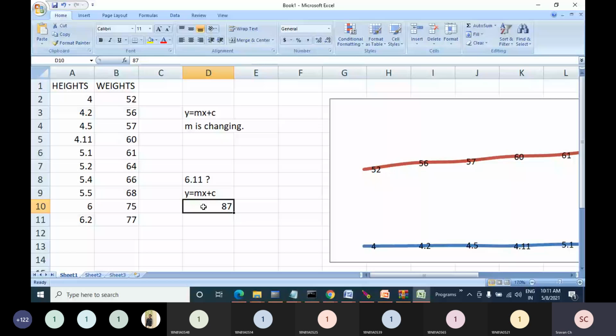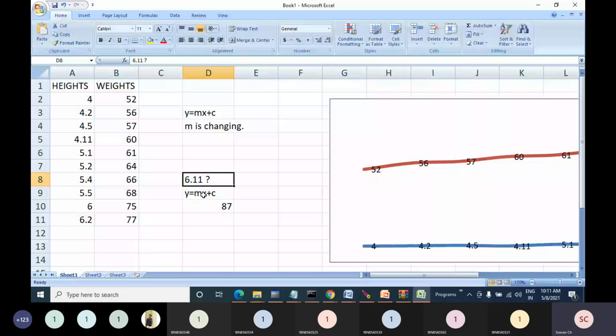So this data which I am giving as input, which I am using to train my function, is called training data, right? And this is the function which is going to calculate the value of m, and this function will help me in predicting the weight for a given height value.